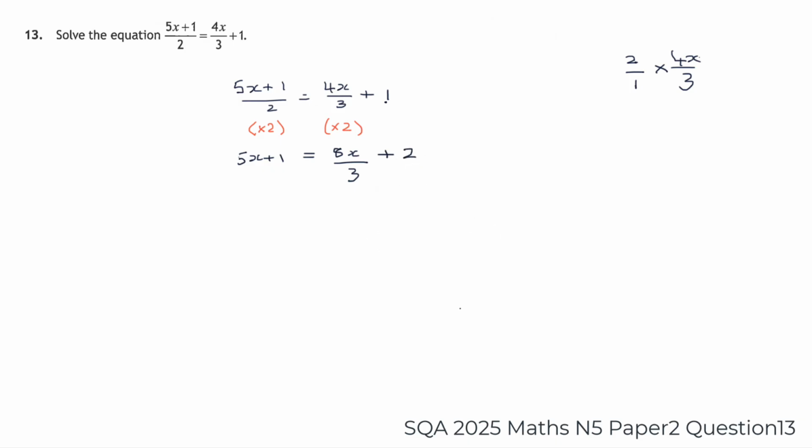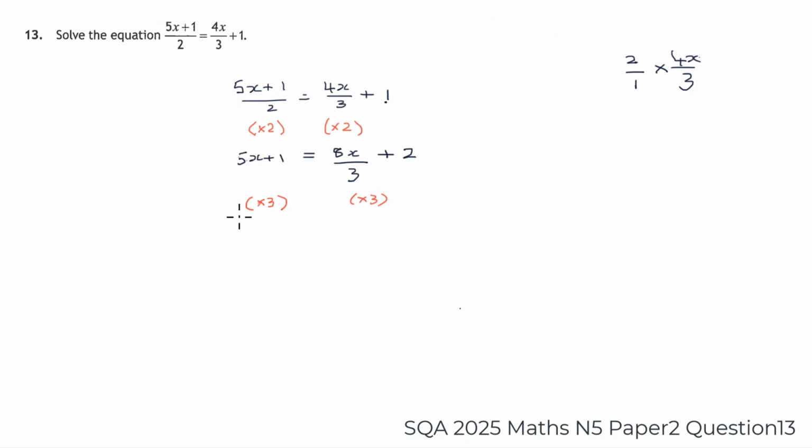And then second stage in getting rid of the fractions would be to get rid of this divide by 3, and we do that by the opposite of dividing by 3, multiplying both sides by 3. So both terms in this get multiplied by 3.